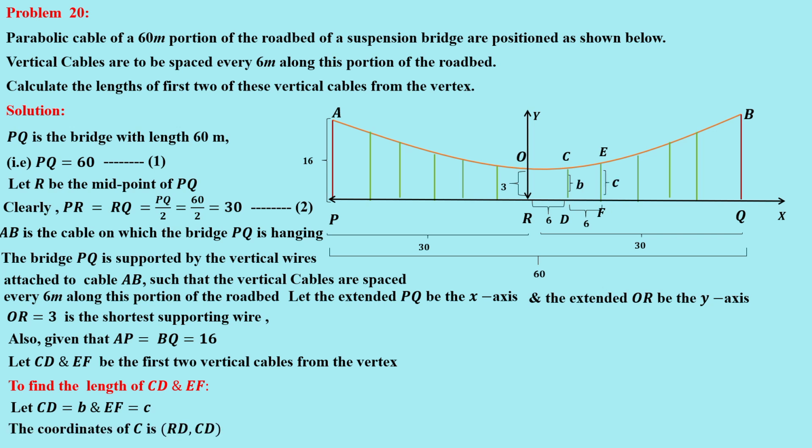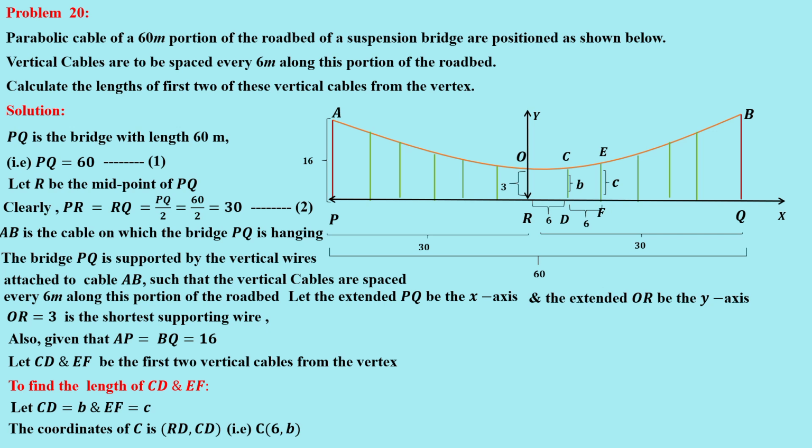The coordinate of C is RD comma CD, x coordinate. Because O is the center, RD is the x distance, and CD is the y distance. So C is 6 comma b. If you take a tangent at O to the parabola AB, then that is the axis.